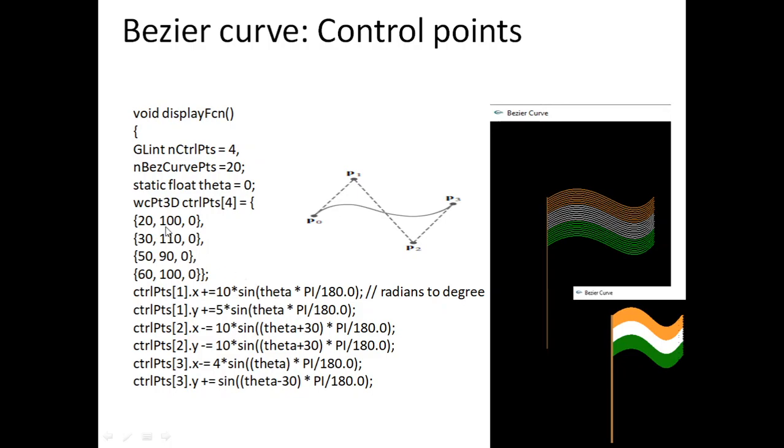Sine theta value: we know the theta value we have given, we multiply it by pi by 180. Why are we multiplying by pi by 180? To convert from degrees to radians, we multiply by pi by 180. Here 4 control points are declared, and 3 control points are multiplied with pi by 180.